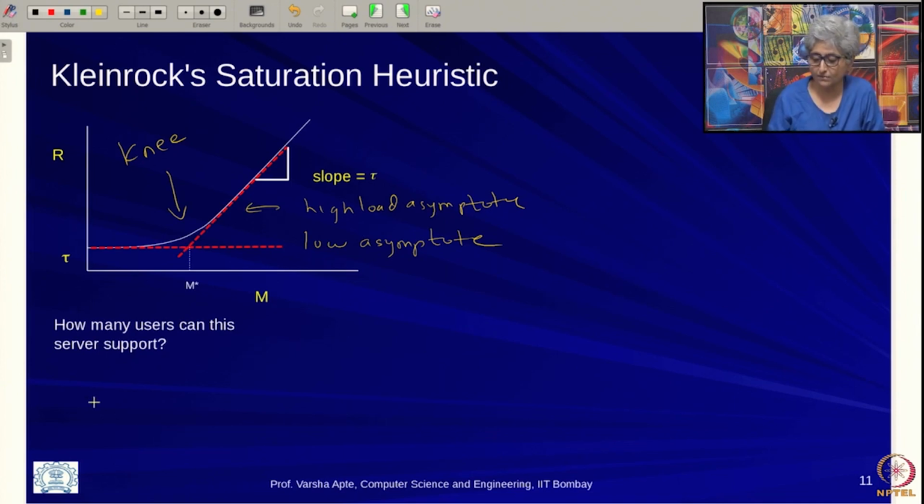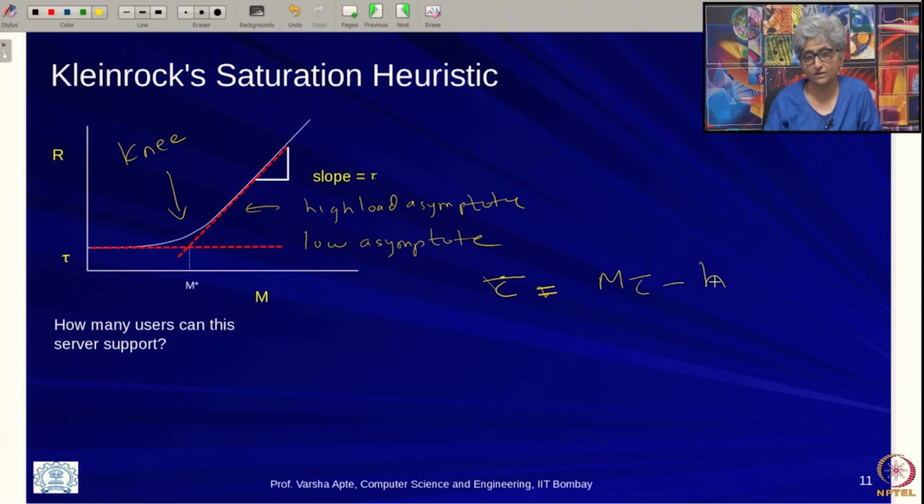We want to be at the knee and this intersection seems to be giving us the knee. So, we have a method. If we can find the intersection point of these two lines, we have our M star. So, we need to set LHS equal to RHS. The first line is simply the response time is tau at the low load asymptote, and we know that the high load asymptote is M tau minus h.